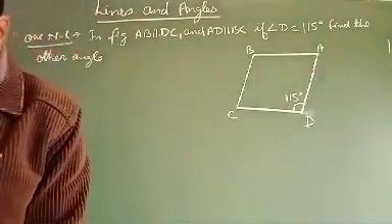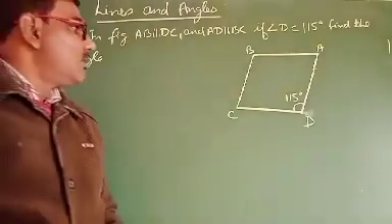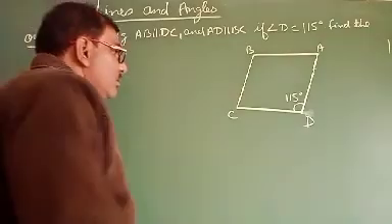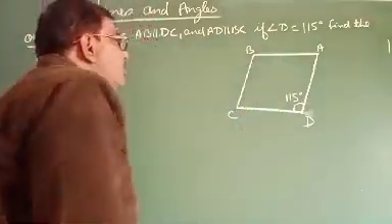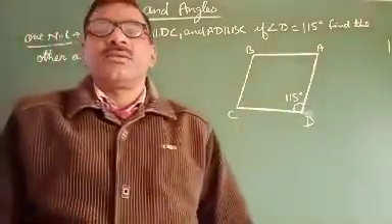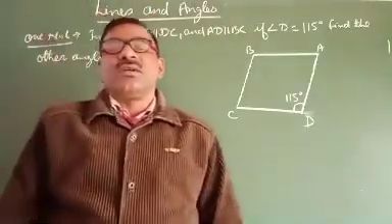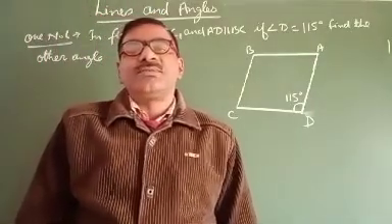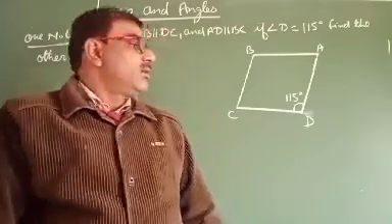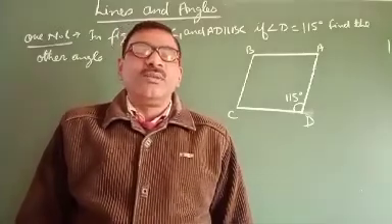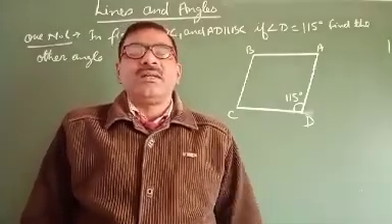In the given question, AB is parallel to DC. We know that if a transversal cuts two parallel lines, then interior angles are supplementary, alternate angles are equal, and corresponding angles are equal.